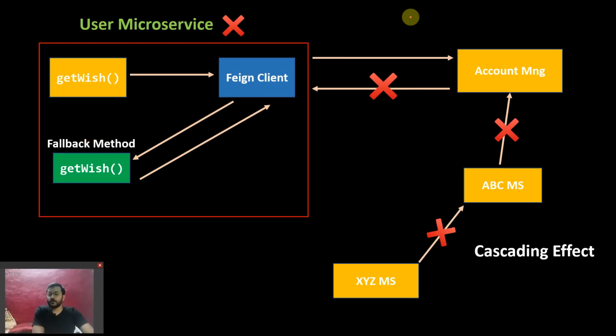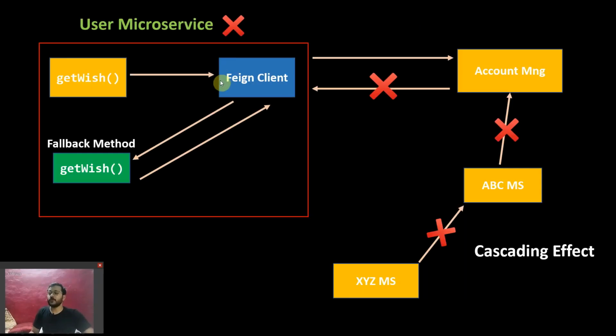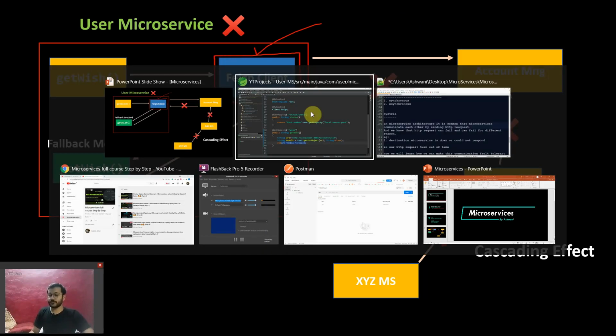Okay, so now for understanding, we will first learn what this Feign client is, because this is pretty important when we are working with Hystrix. Once you understand this Feign client, you will understand Hystrix. That's all, nothing more in Hystrix. Okay, so let me take you to the STS.